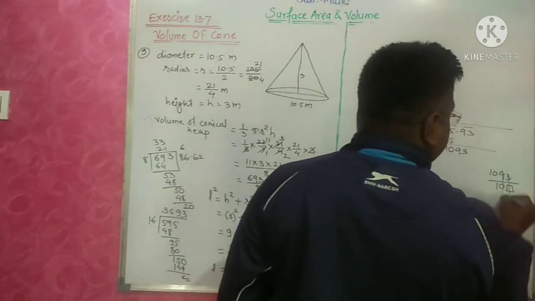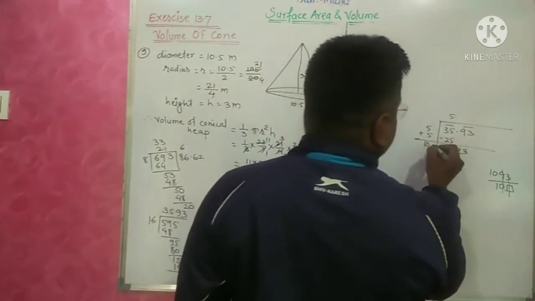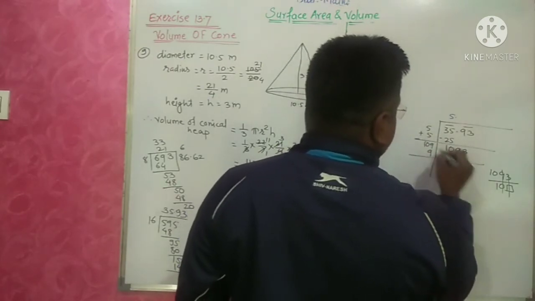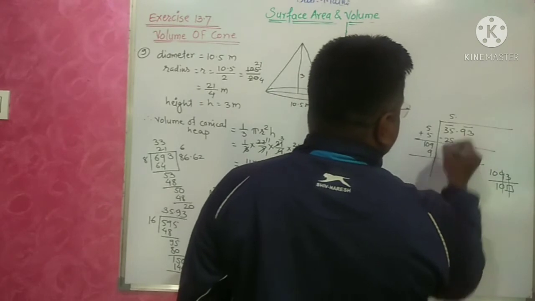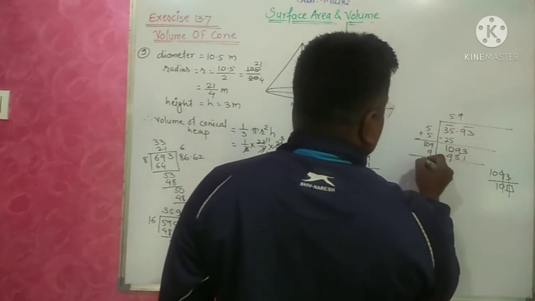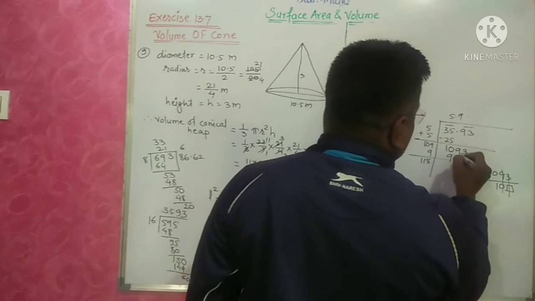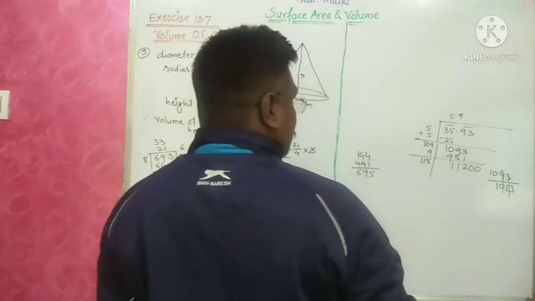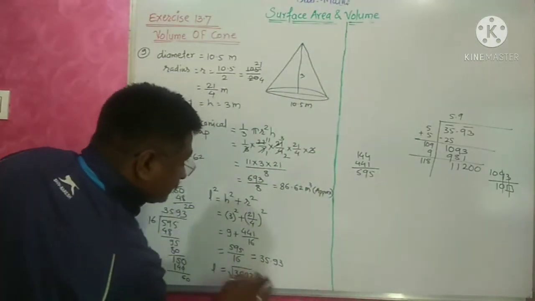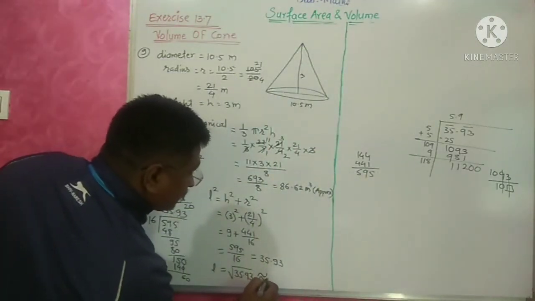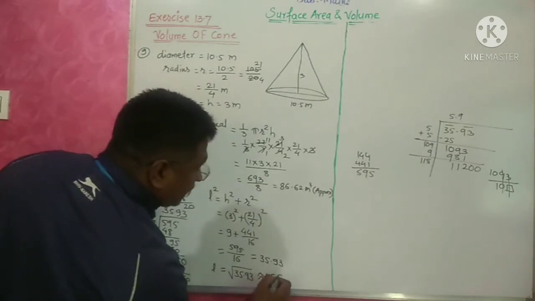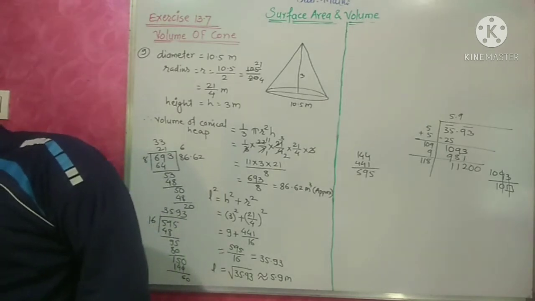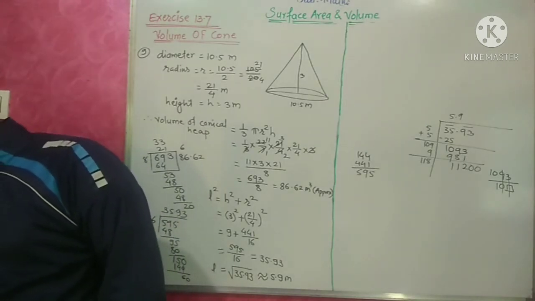So what will we get? 9. Check it, will 9 come or what? 9 9s are 81, 9 1s are 9. So 1182, 1120. So approximately 5.9 meter. Slant height we got approximately 5.9.